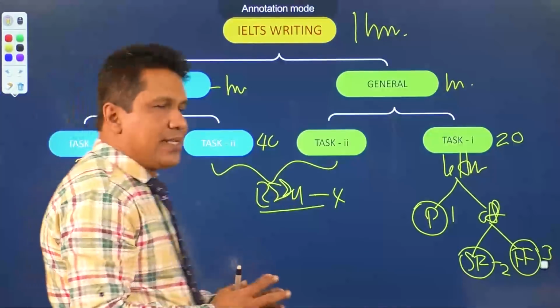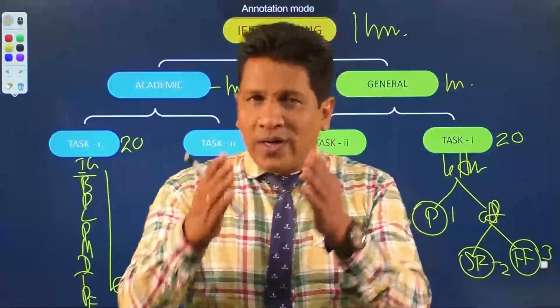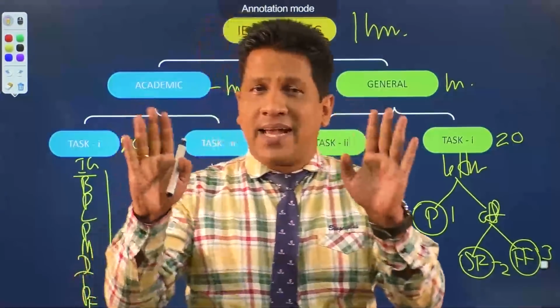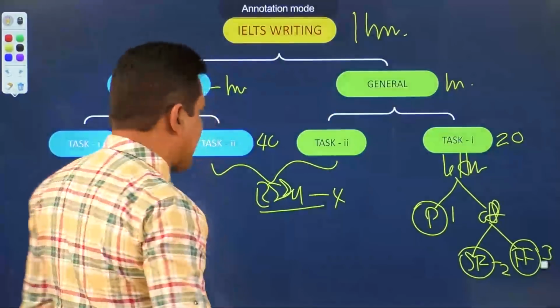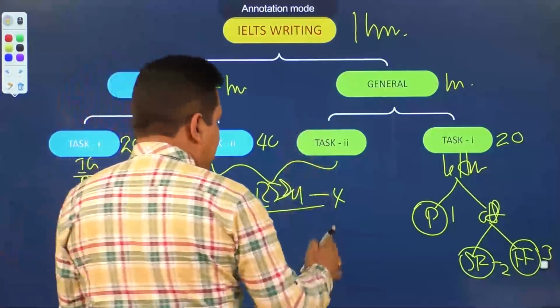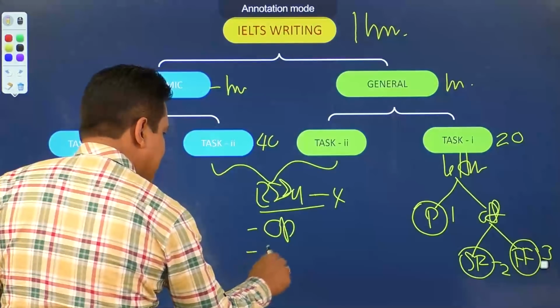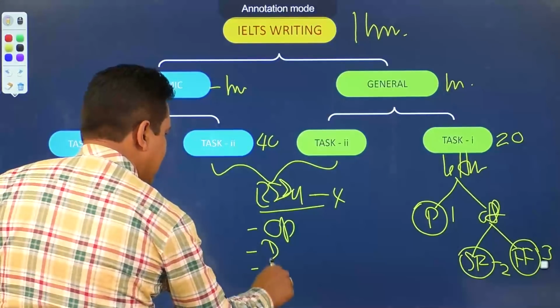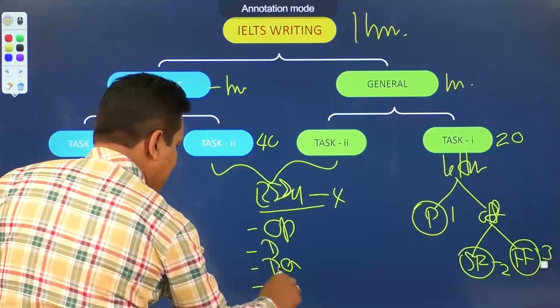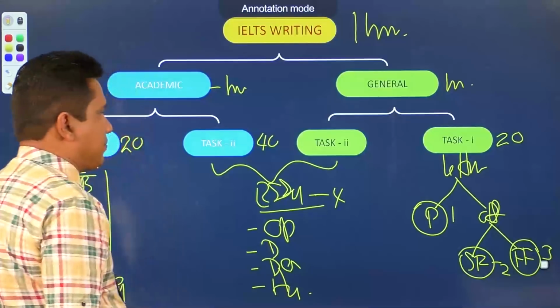Academic essays and general essays are both 40-minute tasks. Academic and general both have 4 essay types. What are they? Opinion essays, discussion essays, double question essays, and also hybrid essays.